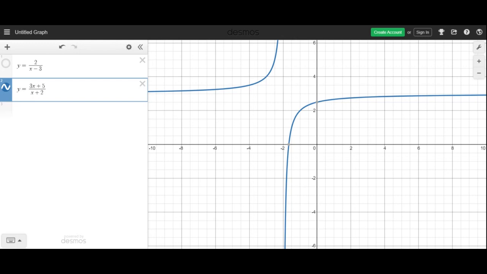So this time we're going from negative infinity to positive 3, union 3 to positive infinity. Again, all parentheses, because this time we have a horizontal asymptote at y equals 3. That's where the graph is never going to touch in terms of the y now. Any questions on that one?